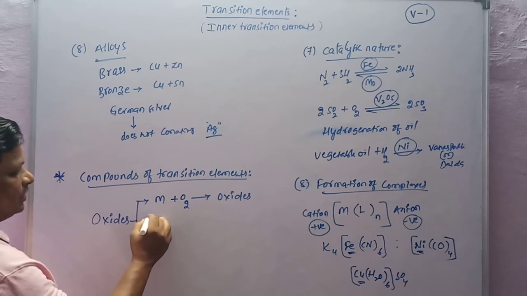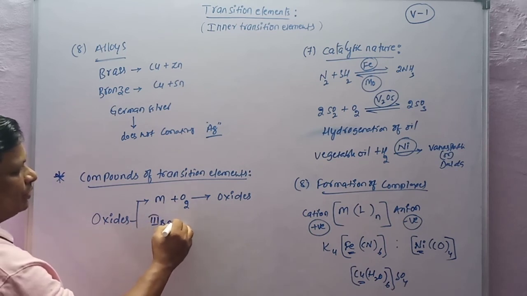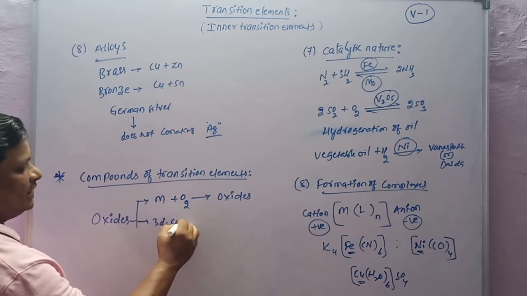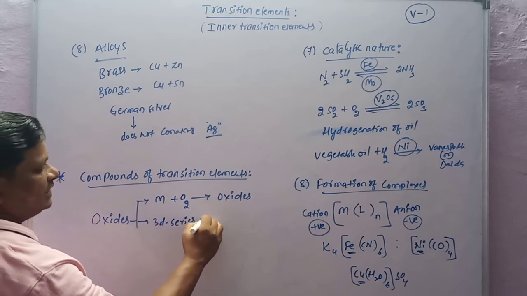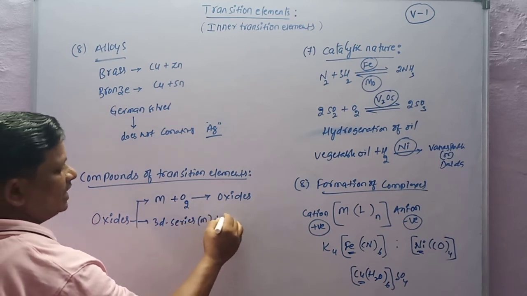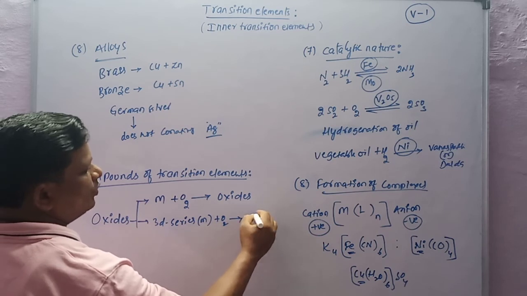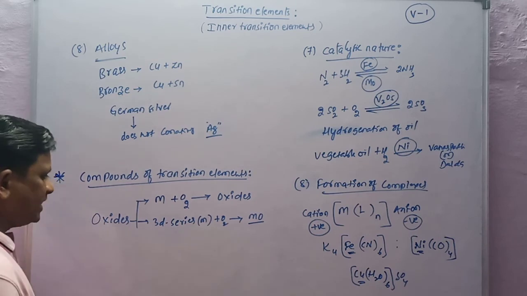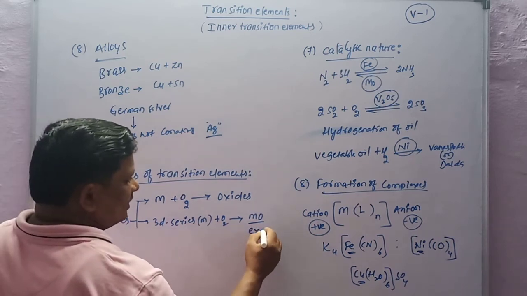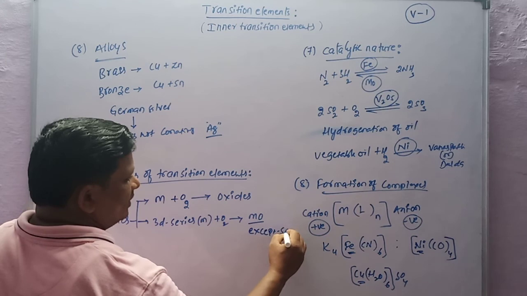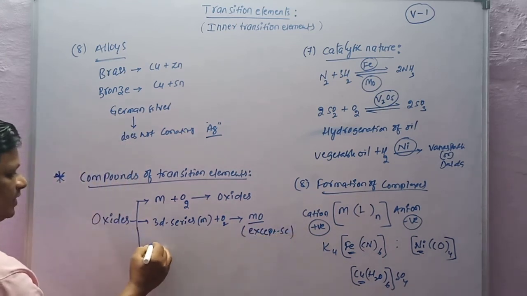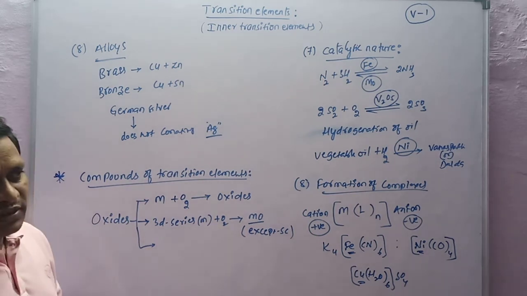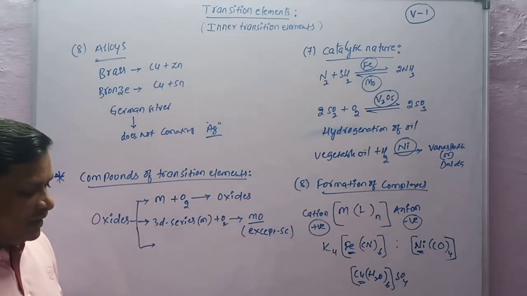Especially the 3d series metals react with oxygen and give MO type monoxides, except scandium. Remaining all 3d series elements react with oxygen to give MO type oxides.